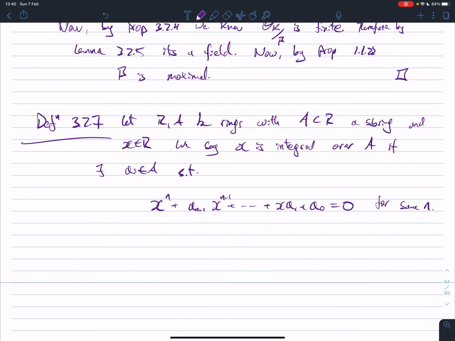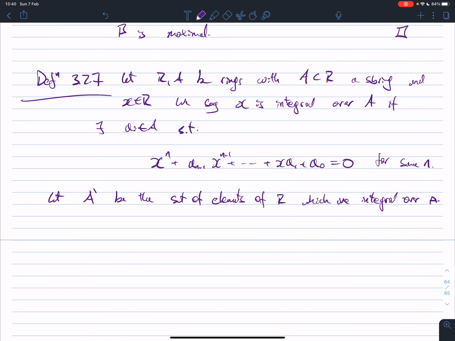For some n. I'm going to let A' be the set of elements of R which are integral over A. Then, as we proved before that the ring of integers of a number field was a ring, you can generalize or modify this slightly, so we need to check that this A' is again a ring.